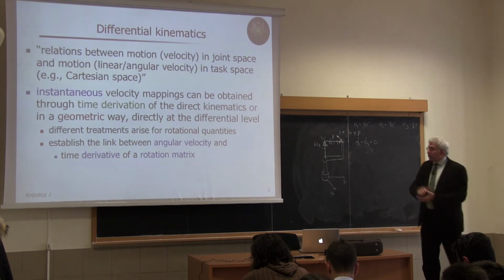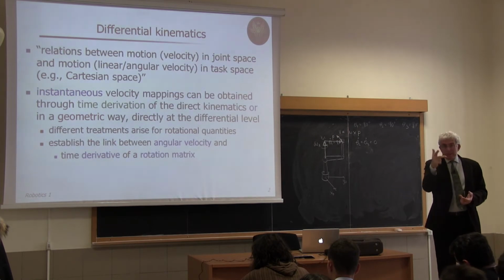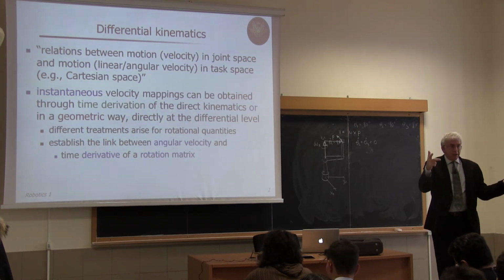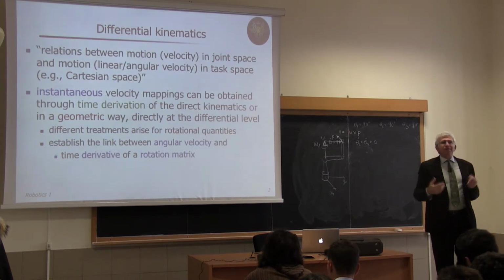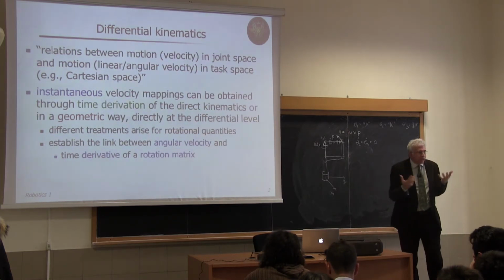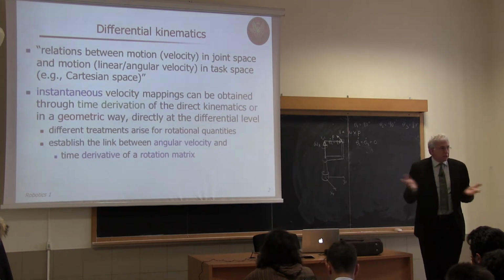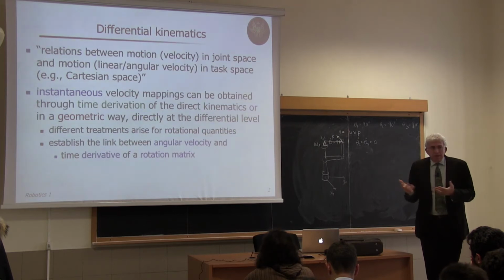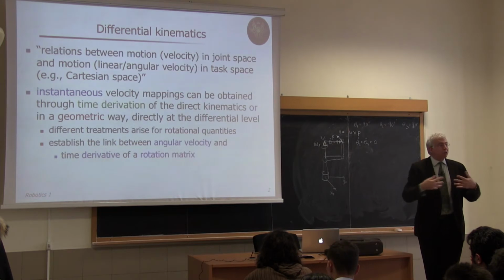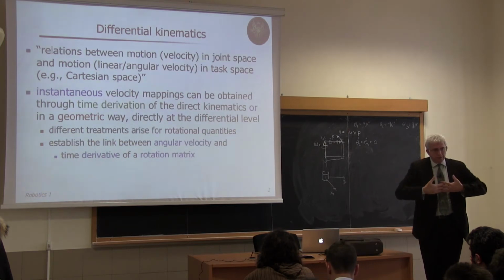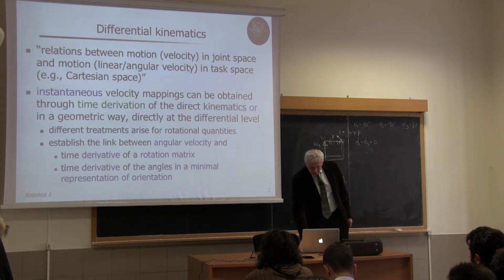So, for instance, the relation with the time derivative of a rotation matrix. The rotation matrix characterizes the orientation. So if this changes over time, we understand that there will be an angular velocity. But how do we compute this? Angular velocity is a 3D vector. The rotation matrix is a 3 by 3 matrix, so apples and oranges, or there is some intrinsic relation. So this is what we need to understand.